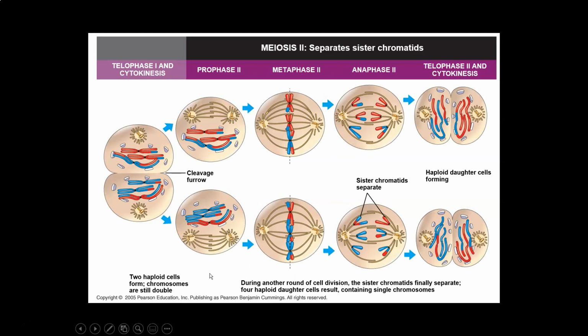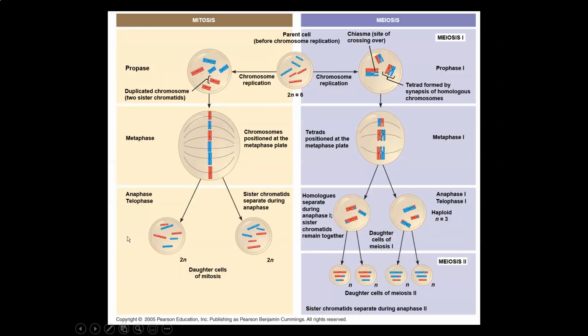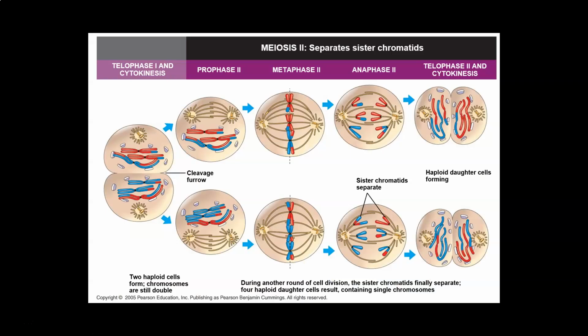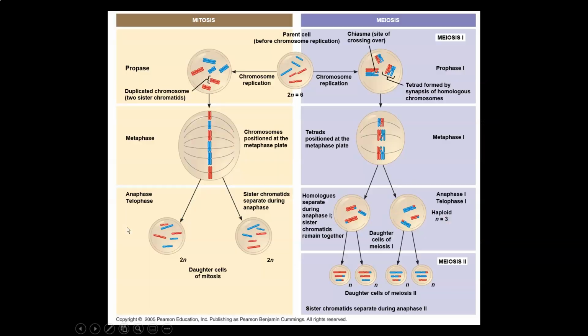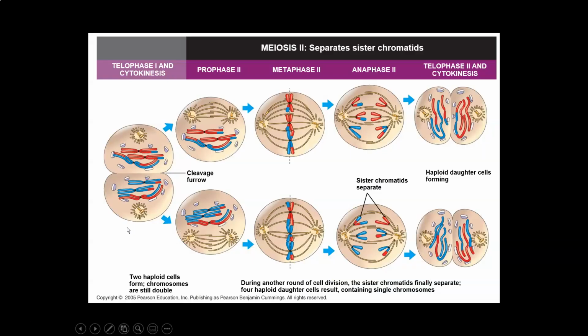So look carefully at this picture over here. I'm sorry, I have problems with the cursor. So at the end of meiosis 1, here are the 2 daughter cells that resulted from meiosis 1.